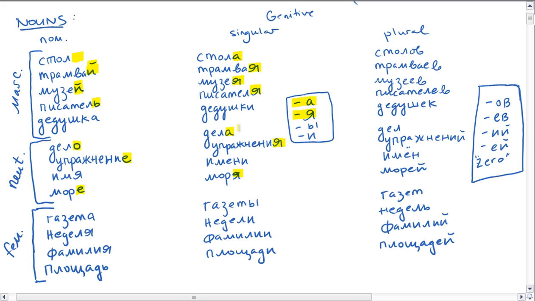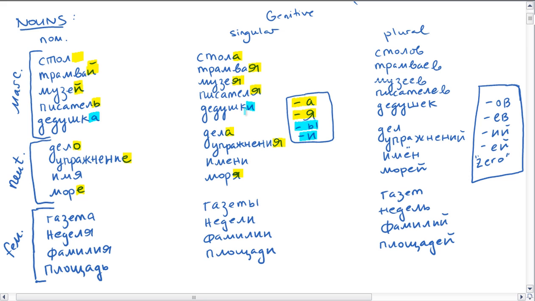And then feminine nouns are going to take e or i, and masculine nouns that have feminine endings, like a, are also going to take e or i, depending on the spelling rules. So, for example, dedushka ends in an a, and it takes i because of the k, right?